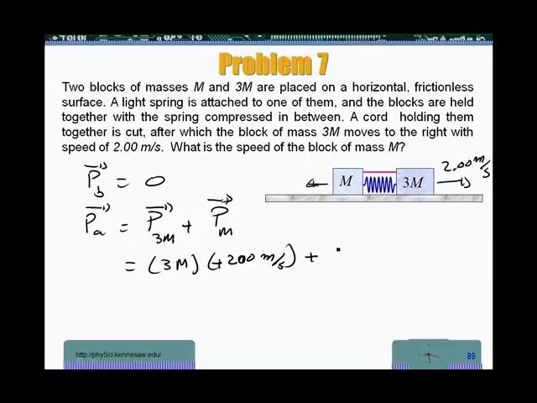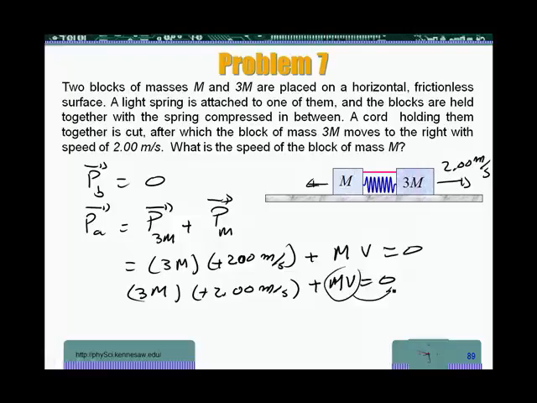And the momentum of the m block is going to be m times the velocity of the block that we don't know. Okay, so now, this should be equal to 0, which means I have 3 times m times plus 2 meters per second plus mv equal to 0. And I'm solving for v, so I'm going to move this to the other side.